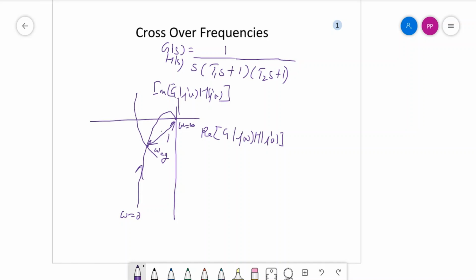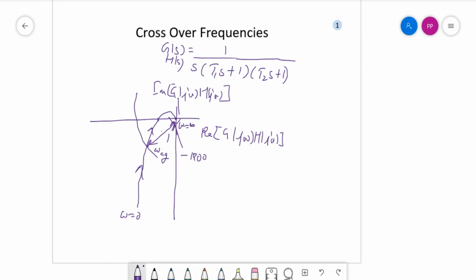As we go ahead we will reach the negative real axis, which is actually crossing of the negative real axis to give a phase of minus 180 degree. So for the phase of minus 180 degree, this angle is minus 180 degree.